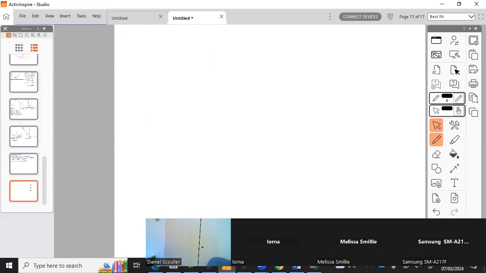Okay, I'm going to do one we've done already. Sketch the graph of the following trinomial.